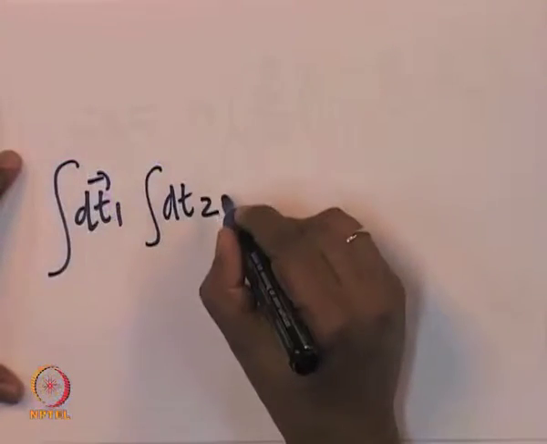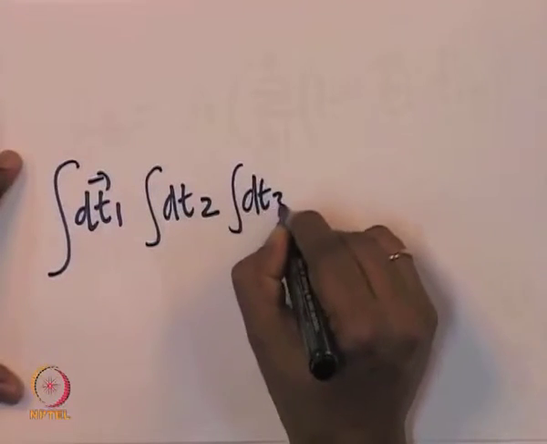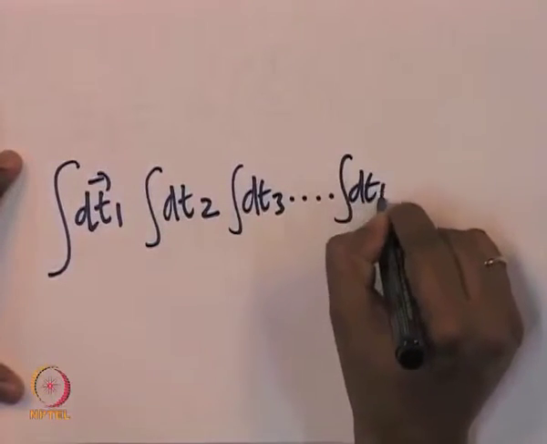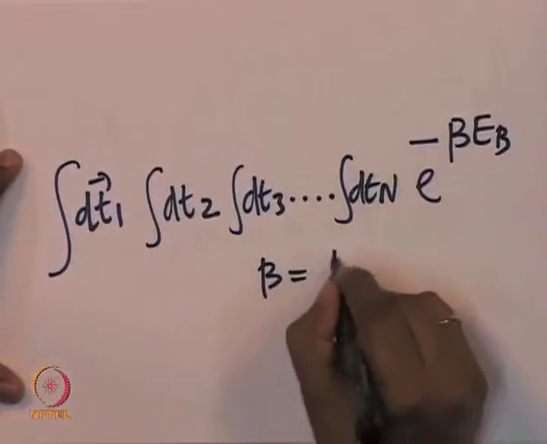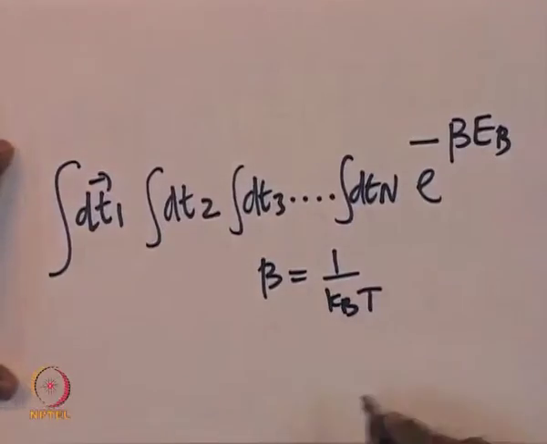If T2 is fixed in this particular way, T1, the green one, can orient any way you want. So the integral dT1 means you sum over all these orientations. Then the integral dT2, the integral dT3, and so on, up to the integral dTn, of e to the power minus beta E_b, where beta is 1 over k_B T. So, this is the partition function.